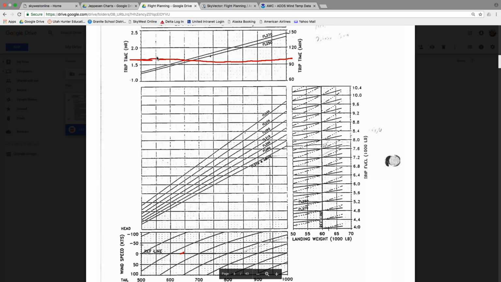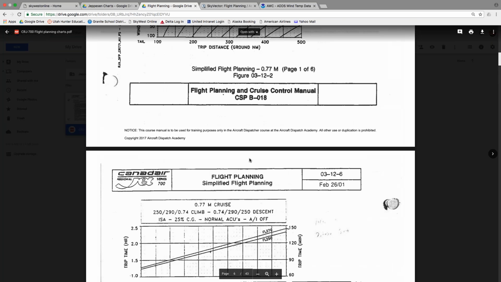So I'll show you the chart really quick. The 4,000, 3,000 doesn't take altitude into account. It's just an average overall, just to get us somewhere in the neighborhood. So let's take a quick look at the difference.